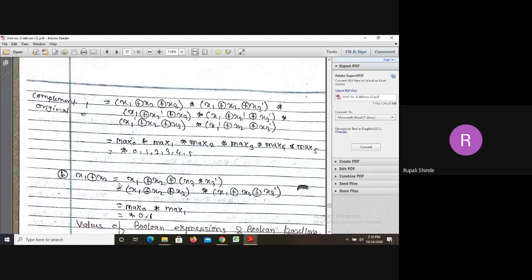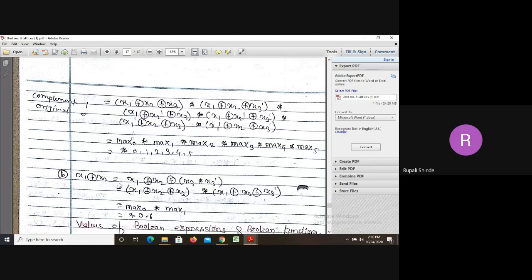And for next 0, value of x1, x2, x3 is 0, 0, 0. Means all the variables are in original form, that is x1 XOR x2 XOR x3. And again, we have to take product of sum form. That's why we have to take product of these two max terms.